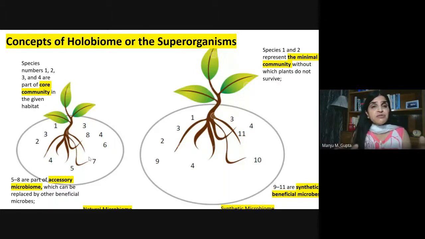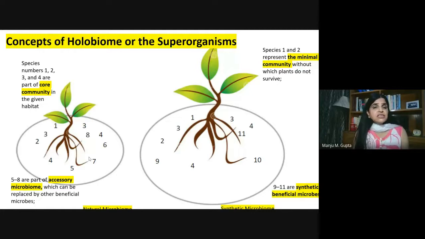So we will believe that it's a superorganism, and it is said to be an entity for evolution, meaning we should always take the plant along with the associated microorganisms, not only root, but the leaf and the other parts also. So I was telling you about this holobiome, or the rhizosphere microbiome.